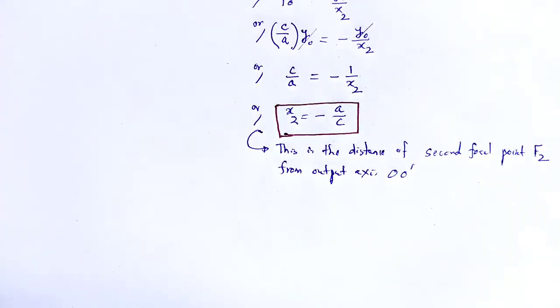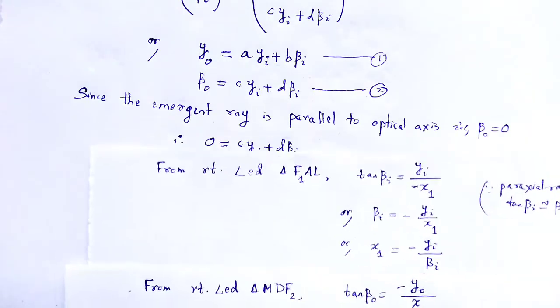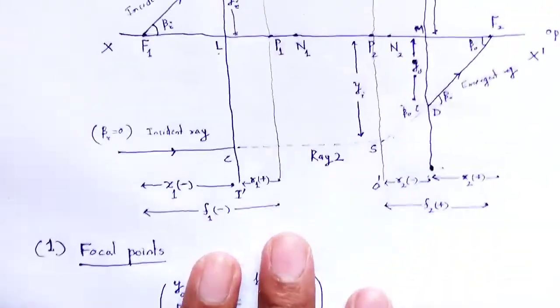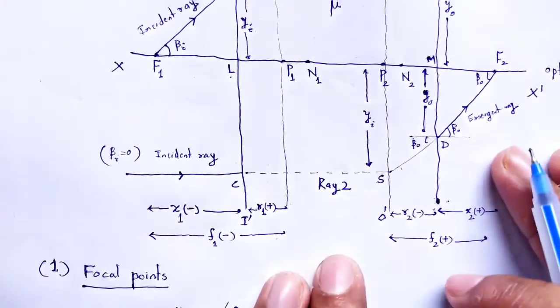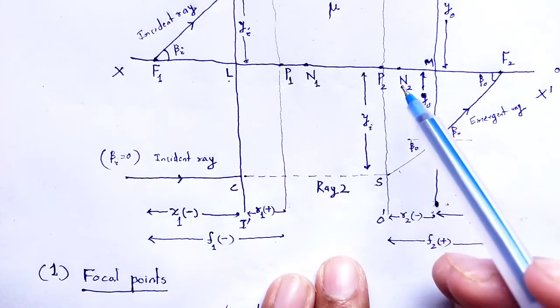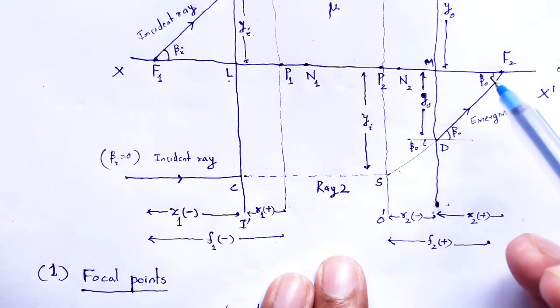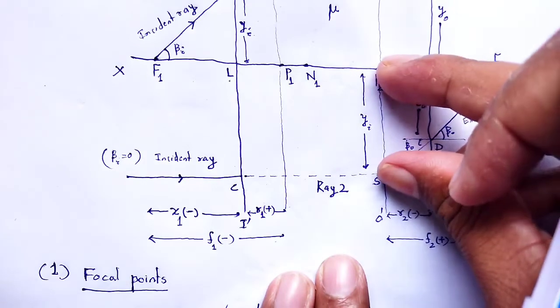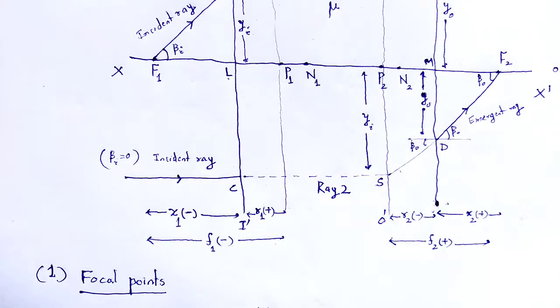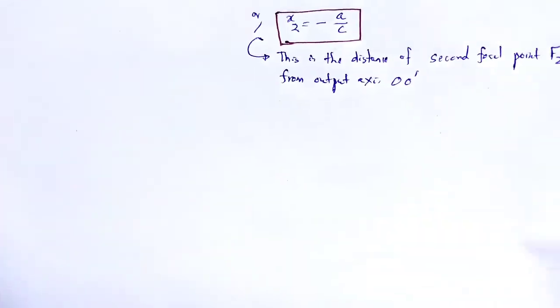Again we calculate F2 in terms of the system matrix. Calculating F2, we take the big right angle triangle in that figure. The right angle triangle P2F2S is considered.